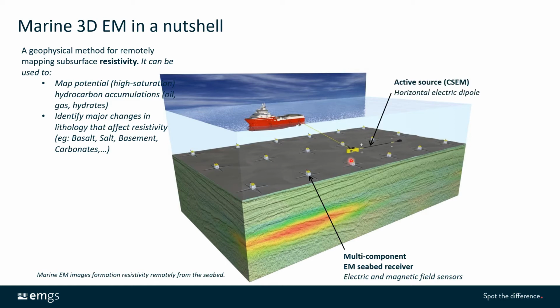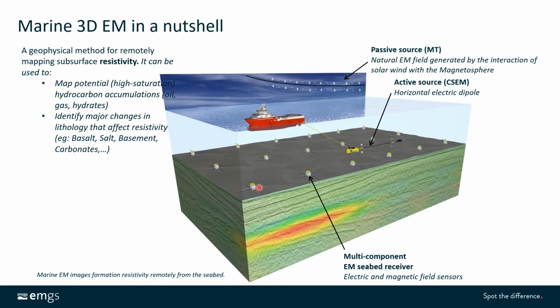This is the transmitter. Normally the length of the transmitter that EMGS uses is 300 meters. It is towed 30 meters above the seabed and towed over the line. So first complete one line, then second line, third line, and accordingly. At the same time, when the receiver sits on the sea floor, they also record the MT data.